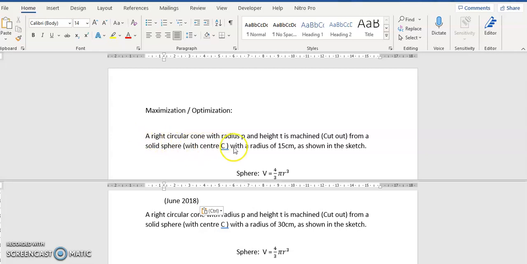We have this question, which says a right circular cone with a radius p and height t is machine cut out. It means it was cut out by a machine from a solid sphere with center C with a radius of 15 centimeters as shown.